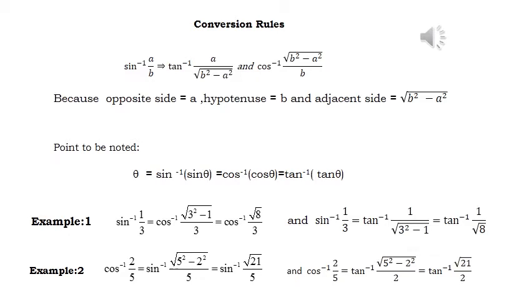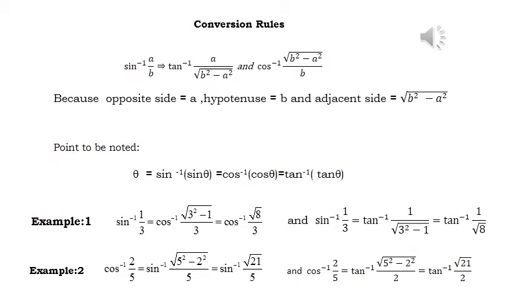So opposite side a, adjacent side root of b square minus a square, because opposite side a is already given, hypotenuse b. Why? Because sin inverse of a by b means we have to take a by b equal to sin theta, where a is the opposite side and b is the hypotenuse.